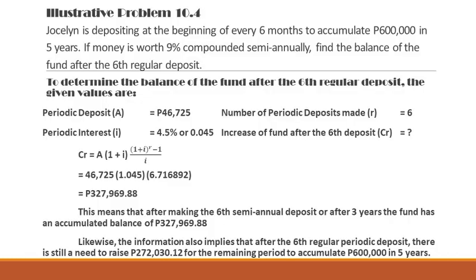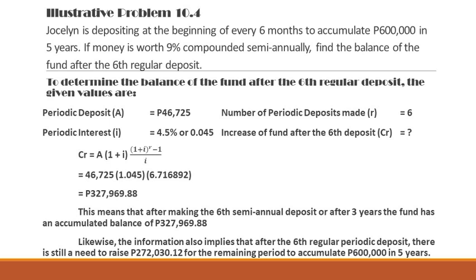Illustrative problem 10.4. Jocelyn is depositing at the beginning of every 6 months to accumulate 600,000 pesos in 5 years. If money is worth 9% compounded semi-annually, find the balance of the fund after the 6th regular deposit. To determine the balance of the fund after the 6th regular deposit, the given values are as follows.